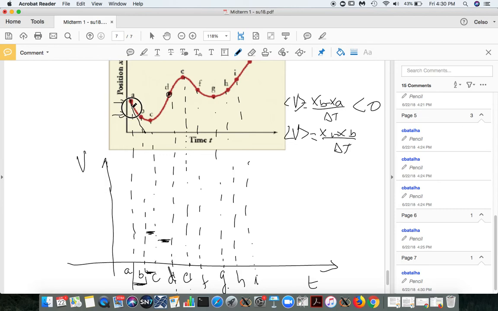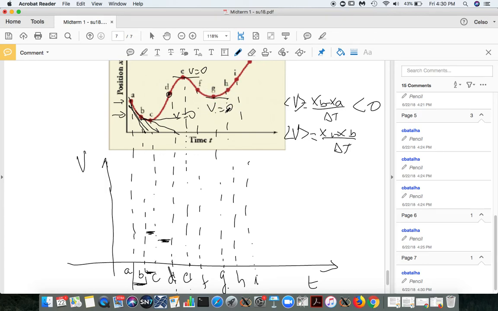So in other words, the velocity is negative but keeps diminishing because the slope keeps getting smaller and smaller, all the way to point C. At point C, the slope is parallel to the axis, which indicates a velocity that is zero. Same thing here. The velocity is zero at these three points.